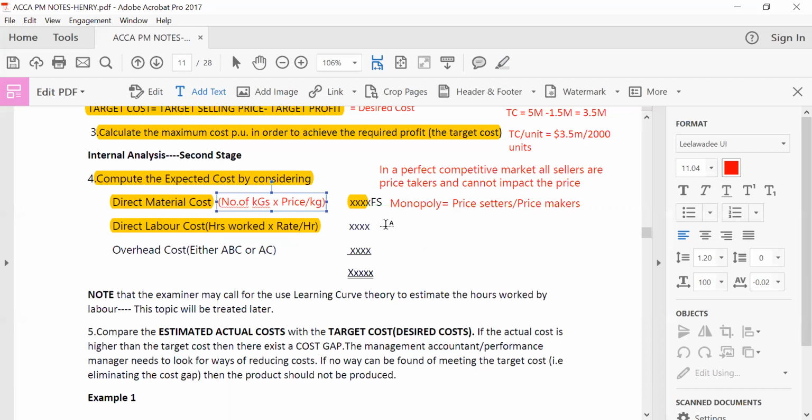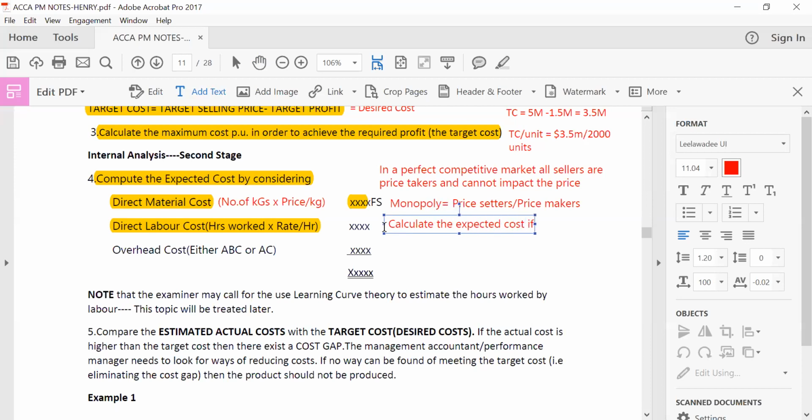But let me give an example here to incorporate what I want to estimate. Let's say you want to calculate your expected cost.